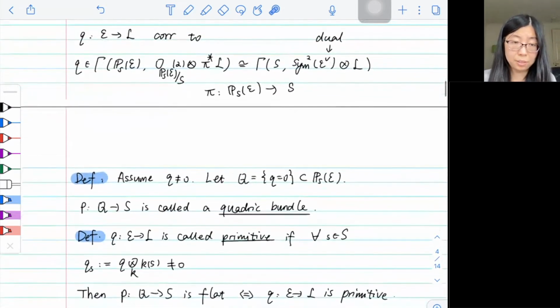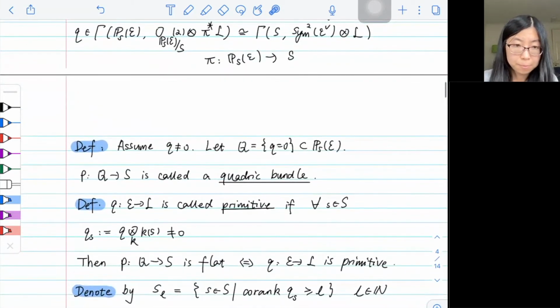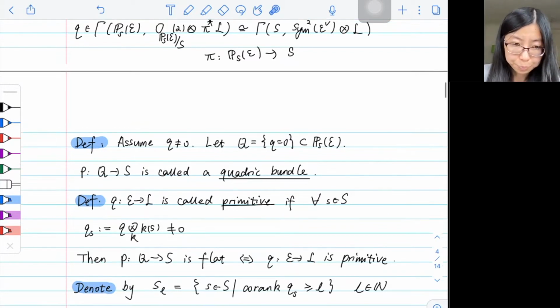So that's why we have the next notion. We say that this quadratic form is primitive if, for any point in the base, when we restrict the quadratic form to the fiber, this should be non-zero, to make sure that every fiber you get a proper quadric hypersurface.